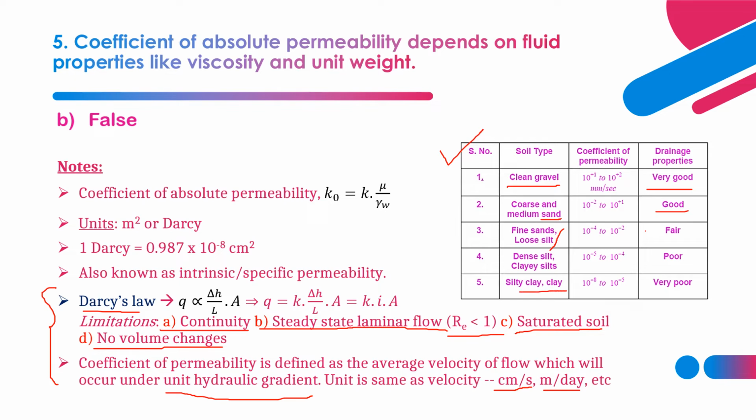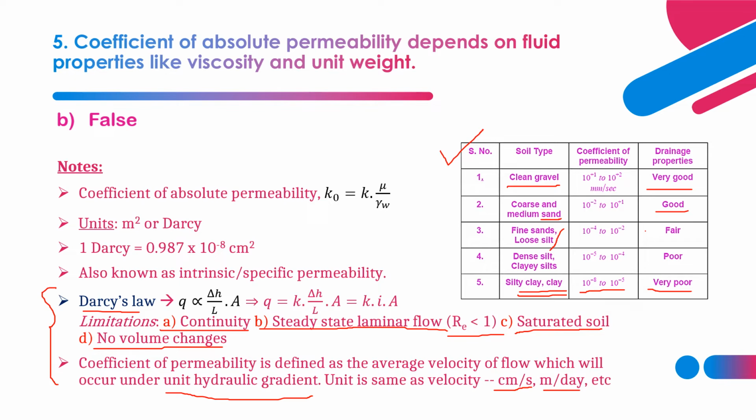In the case of very silty clay with high modularity content and swelling shrinkage properties, we can expect a very low coefficient of permeability of around 10 power minus 8 to 10 power minus 5, which is very poor. That means it is holding the water. It is not allowing the water to pass. So these are the things regarding permeability and absolute permeability, Darcy's law.